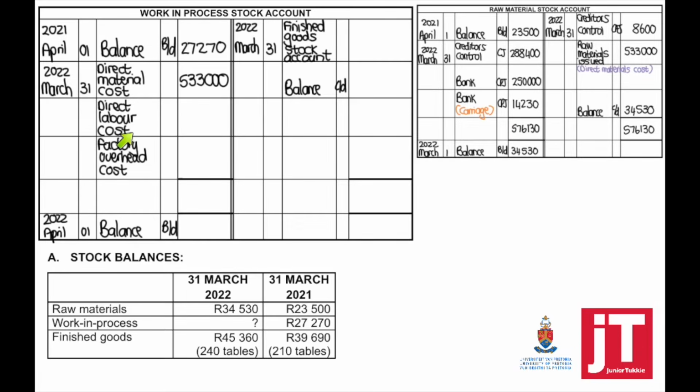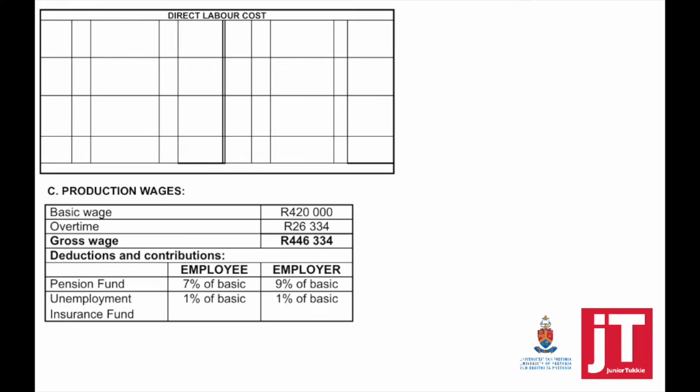We first need to find out what is the direct material cost, the direct labor cost and the factory overhead cost. So if we're looking at our direct labor cost, remember that all expenses must be closed off to a cost account. So when we're talking about salaries and wages, you should remember that the gross wage or the gross salary is an expense to the business.